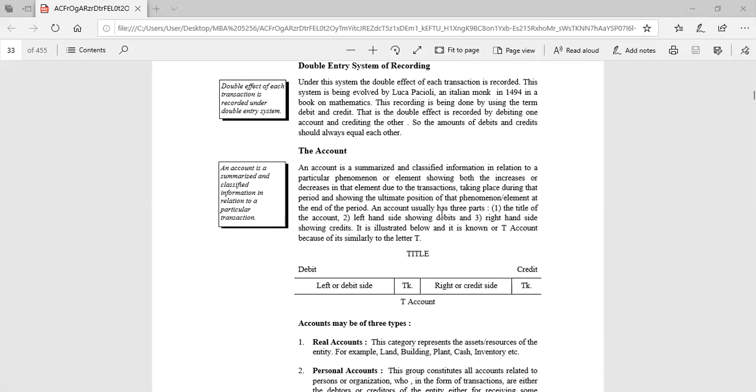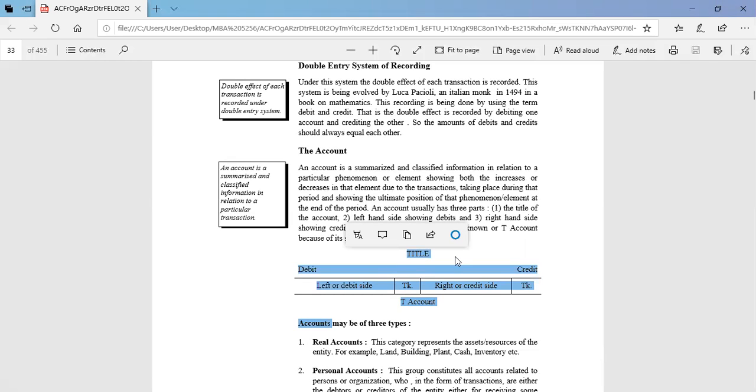The account usually has three parts: the title of the account, the left hand side showing the debit and the right hand side showing the credit. It is illustrated below and is known as the T form because it looks like a T. So this is the account. Here is the title name of the account like cash, assets, capital, salary, expenditure, and the left side is the debit side and the right side is the credit side. So it looks like a T. That's why it is called the T form.